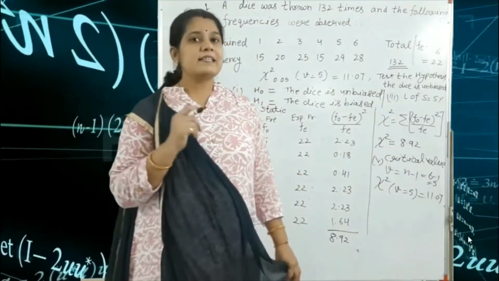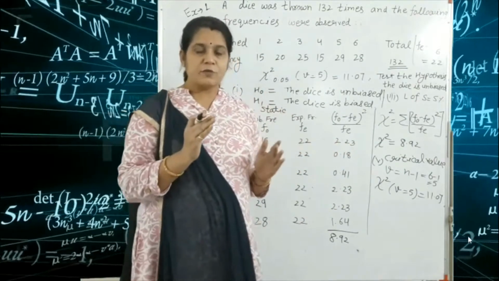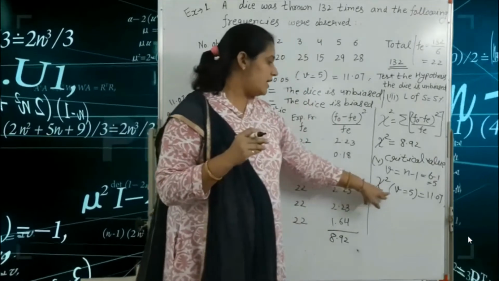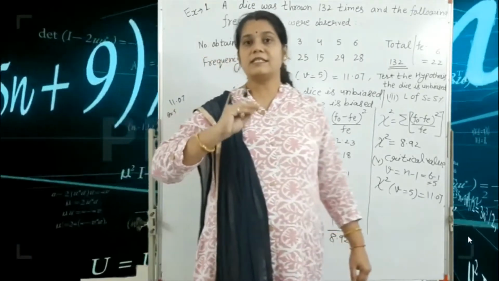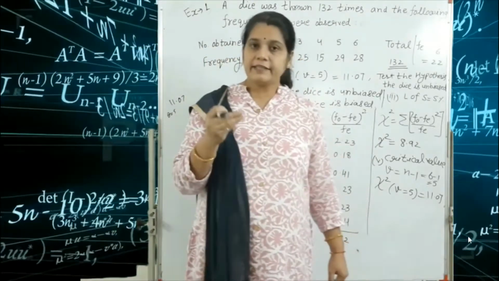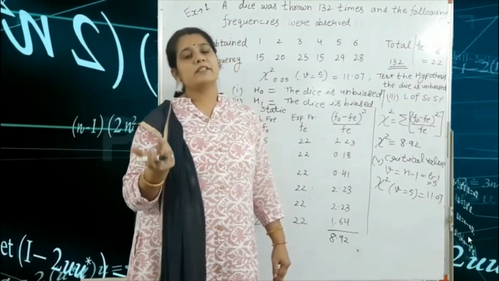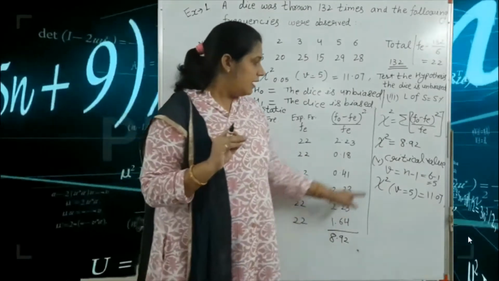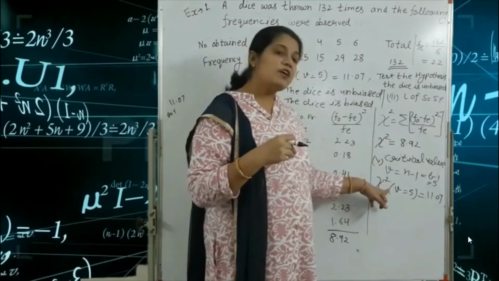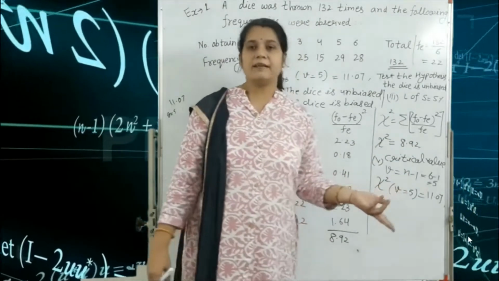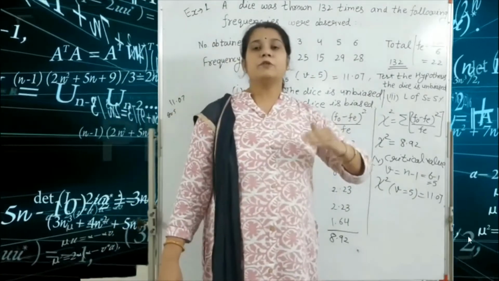So our next step is the decision. What is our decision? If our chi-square is less than the chi-square at the 5% level of significance, then the null hypothesis is accepted at the level of significance, whether 5%, 1% or 10%. But if our value of chi-square is greater than the tabulated chi-square value at the 5% level of significance, or as given in your question, then our null hypothesis is rejected.